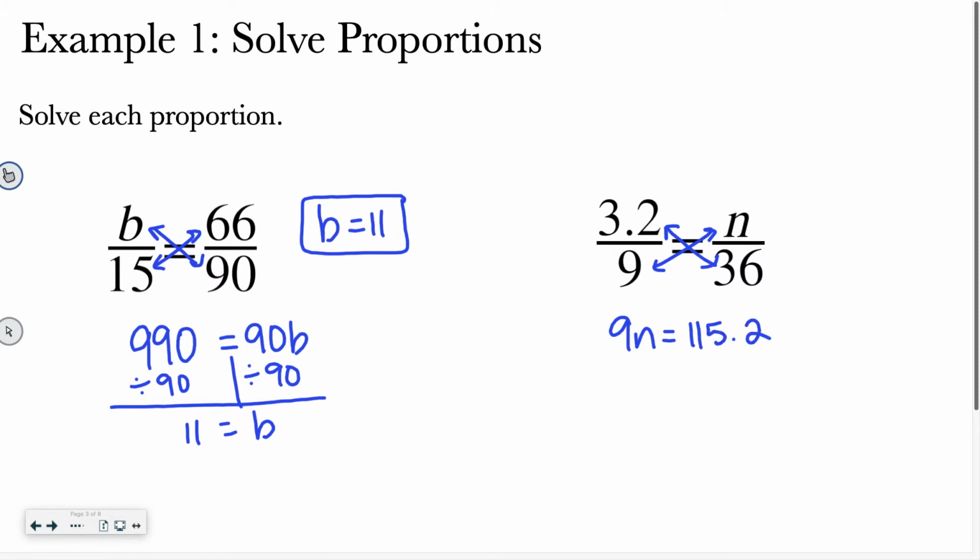So if I do 3.2 times 36, I get 115.2. Like I said, if you set yours up just a little differently, you'll end up with the same answer. So I have 9n. Remember, when there's no operation symbol written, it's implied that it's multiplication. And to undo that multiplication, that's why I'm dividing both sides by 9. So 115.2 divided by 9 is 12.8.